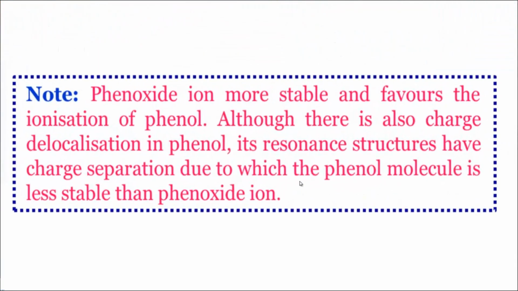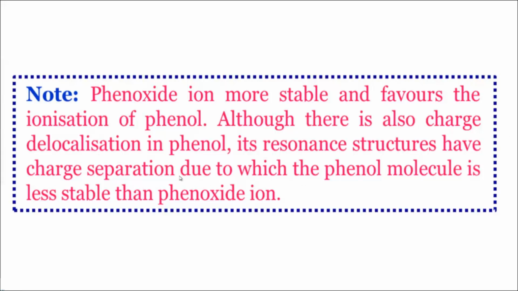Now let's look into this point of note. Compared to phenol, phenoxide ion is more stable because it favors the ionization of phenol. Even in the case of phenol, it is also experiencing delocalization.